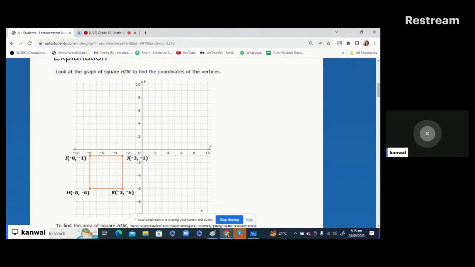It means that here is minus 3, then minus 4, then minus 5. They just write it 2 square units like 2, then 2 square units like 4. Each 1 square units is equals to 1 here. Okay. First of all, we just need to find all their coordinate points. Like here is minus 8 minus 1. Here is minus 3 minus 1.